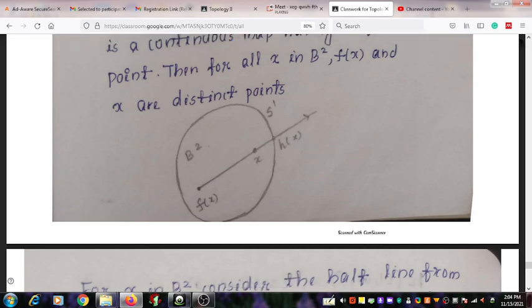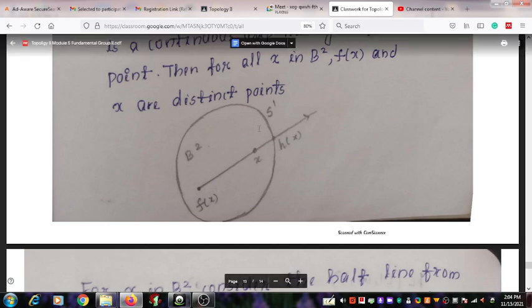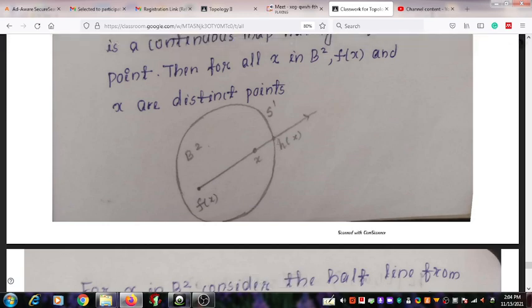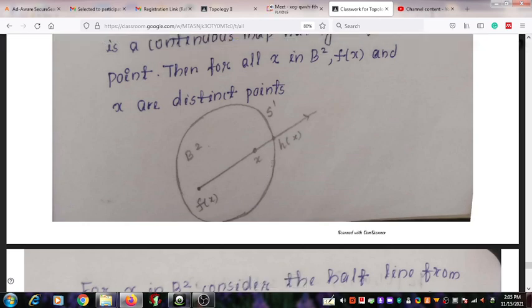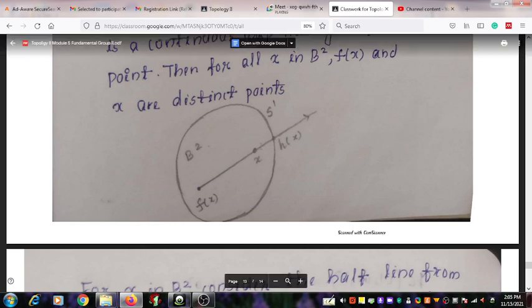Then we can experience a change in the position of hx corresponding to these changes in the positions of x and fx. That also moves along the circumference of the circle, and that movement is also continuous. So in other words, hx changes its position continuously along the circumference of the circle.